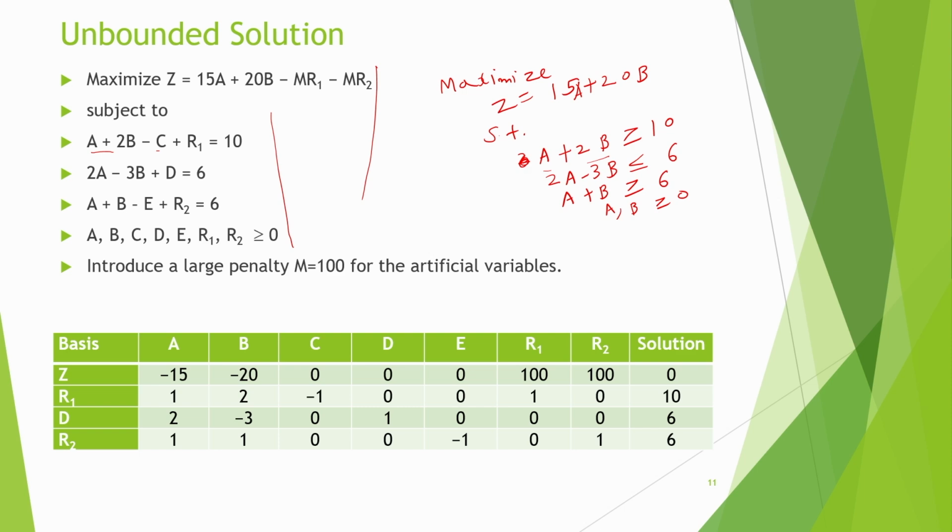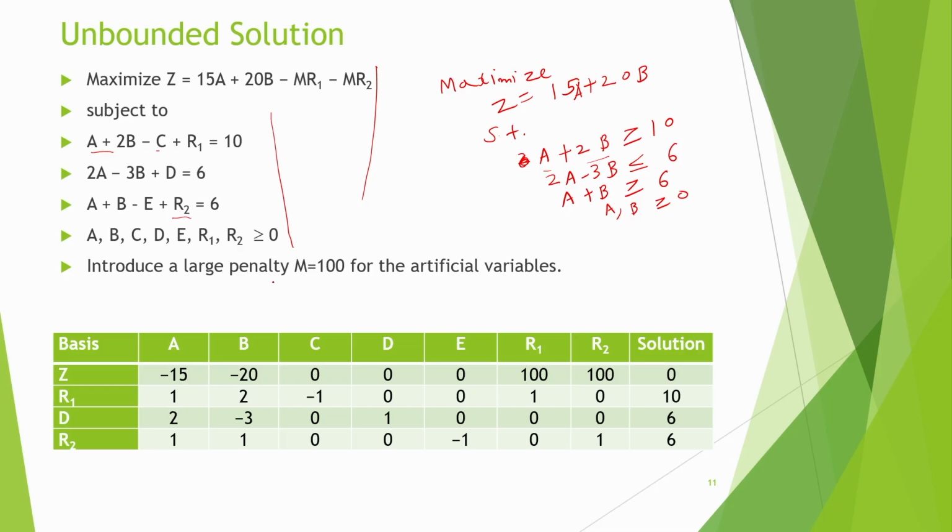And 2a minus 3b smaller or equal to 6, so no problem, 2a minus 3b plus d, d is the slack variable. And a plus b greater than 6, so a plus b minus e equal to 6, but introduce artificial variable r2, and say a, b, c, d, e, r1, r2 greater than or equal to 0.